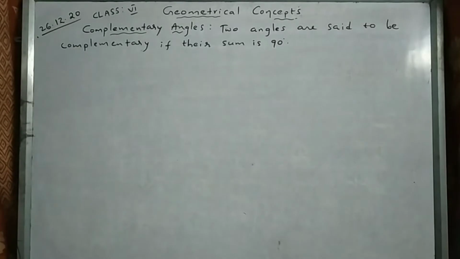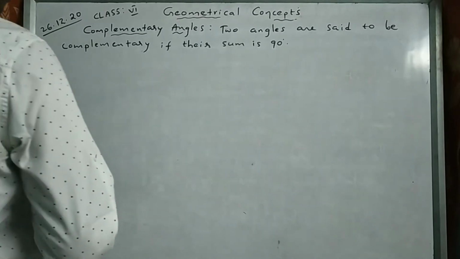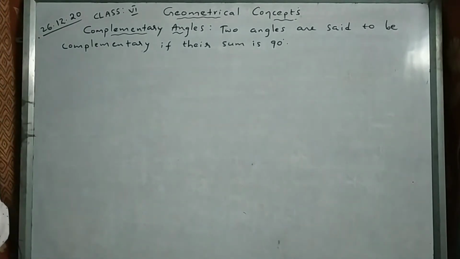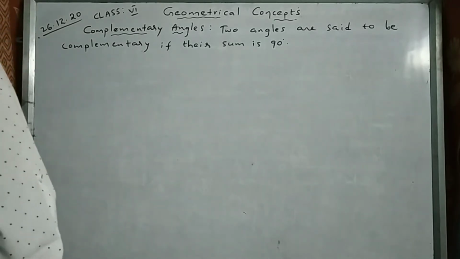That is nothing but a right angle. 90 degrees is also called a right angle, right? Two angles are said to be complementary if their sum is 90 degrees.